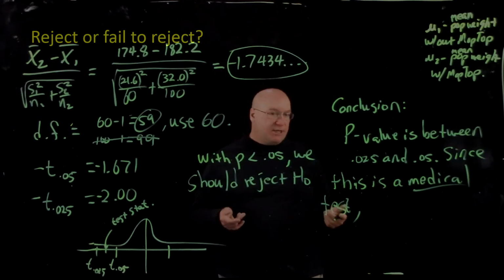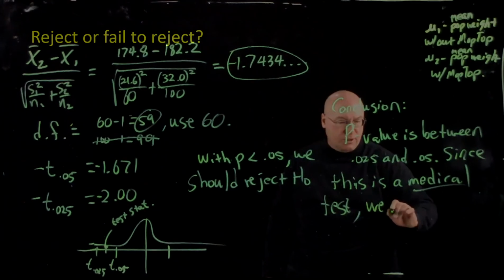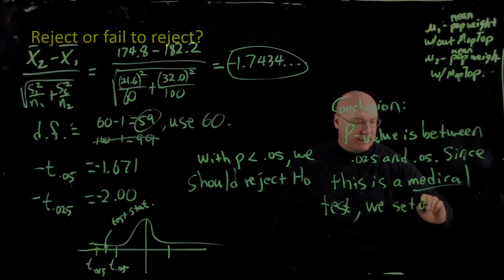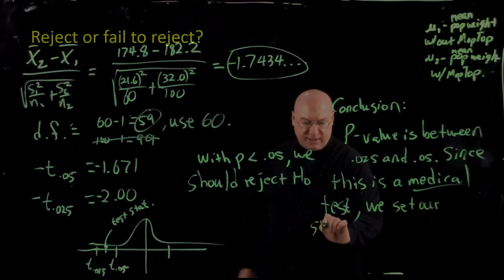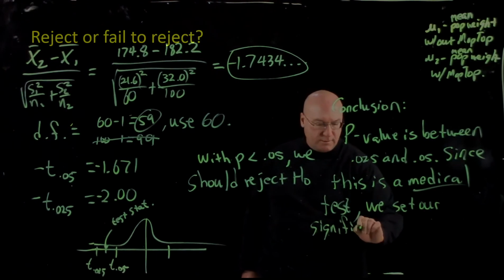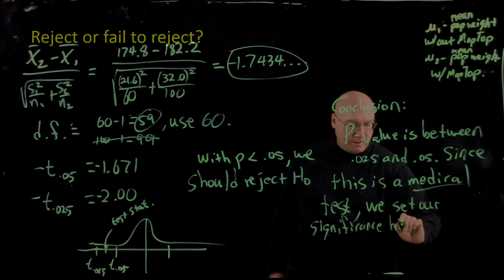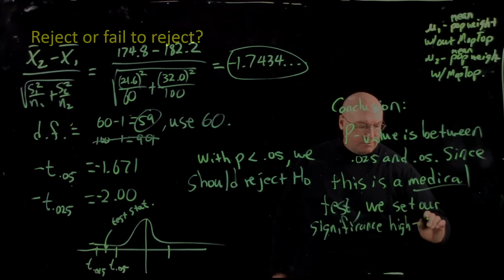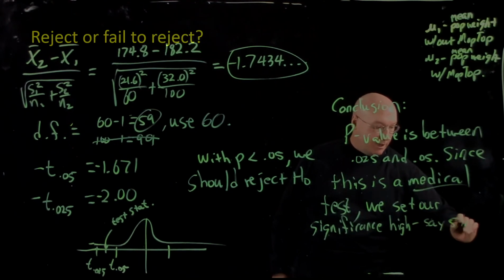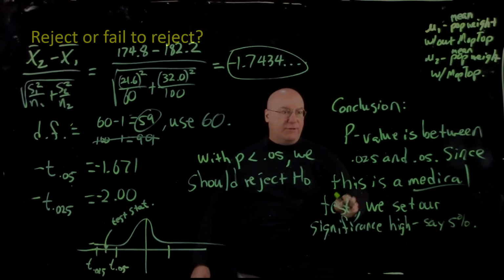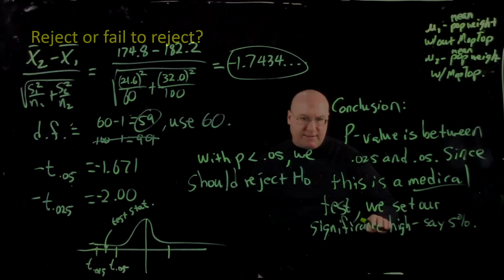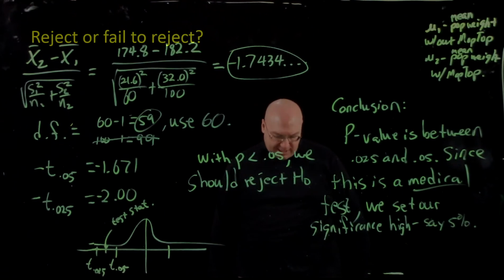So we want to set our significance fairly high. Let's just say 5%, which isn't really all that high, but it's higher than the 2.5%. So I'm going to say that we should probably reject based on that.